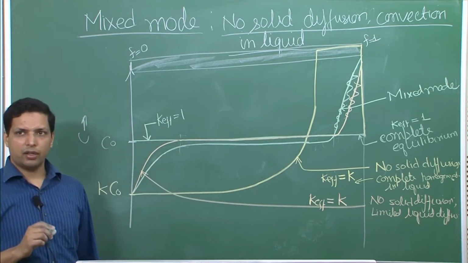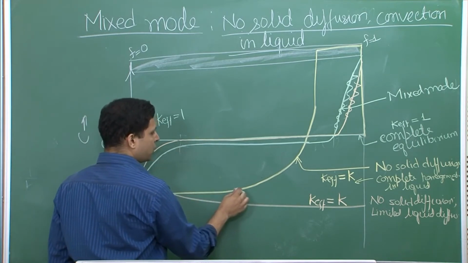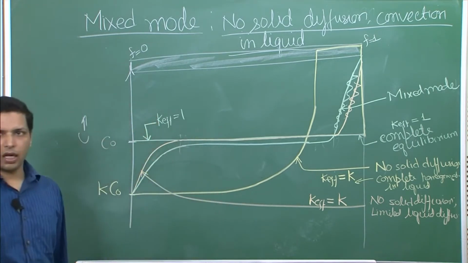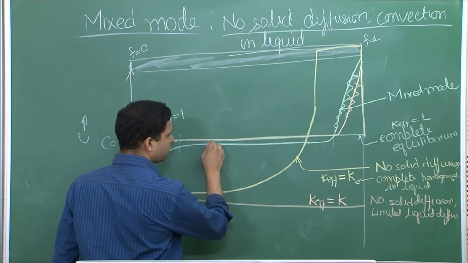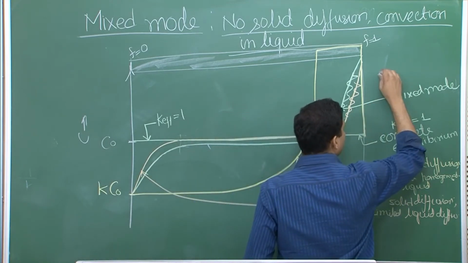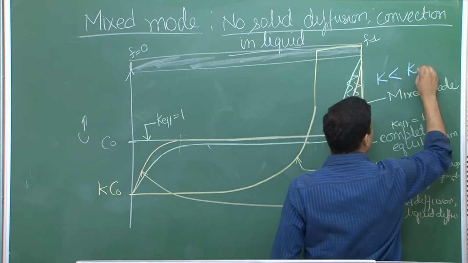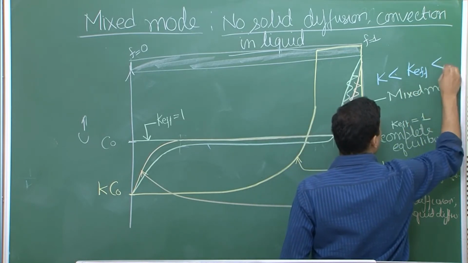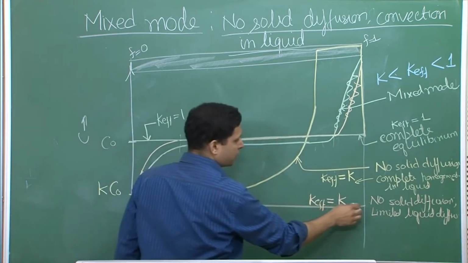So it is less than 1, that is for sure, but we also see that it is higher than the concentration that we obtained from Scheil's equation. So for this it must be that K effective is greater than K, but it is less than 1. If it were 1, then it would be like this.